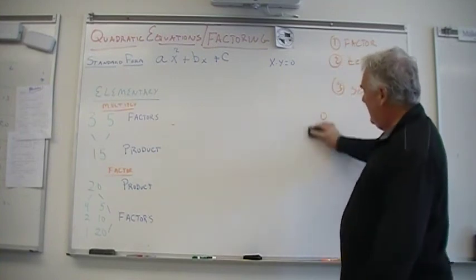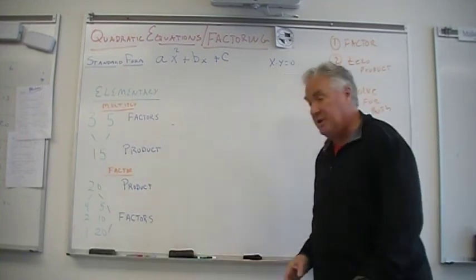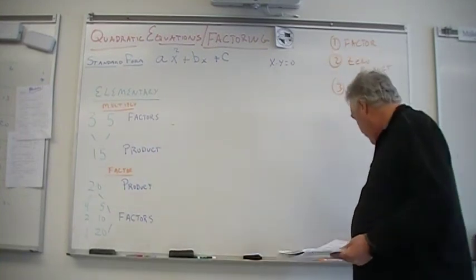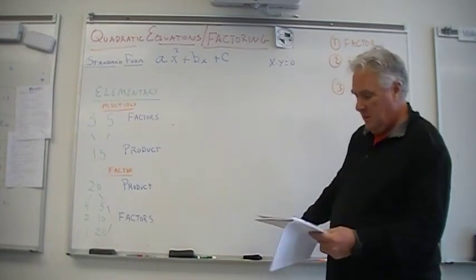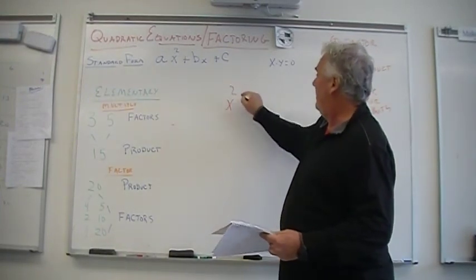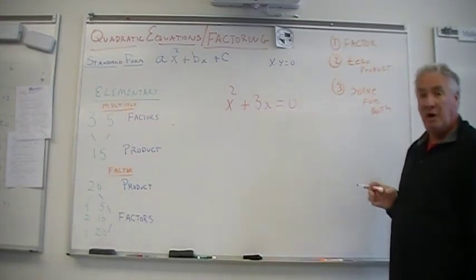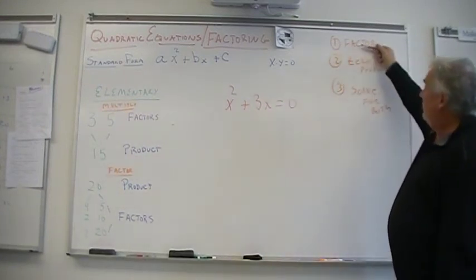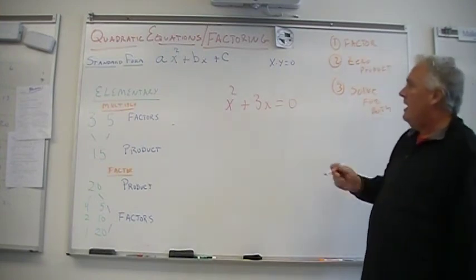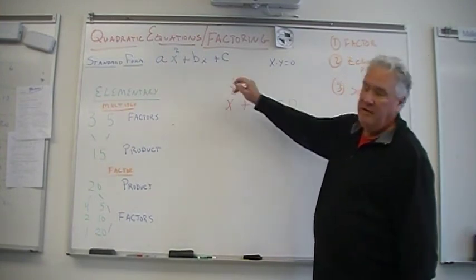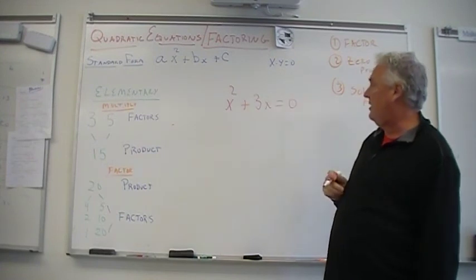I'm going to see if I can get one more little short strategy for you right now. X squared plus 3x equals 0. Solve for x. Step 1, factor. This isn't in standard form, so you can't use that x strategy.